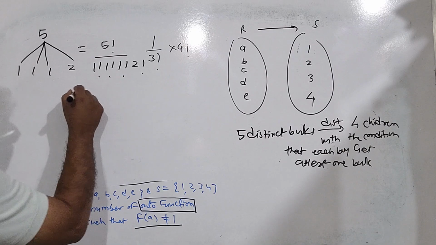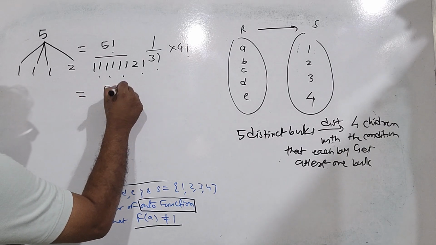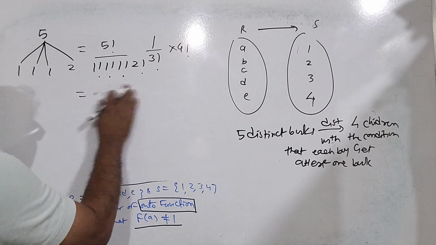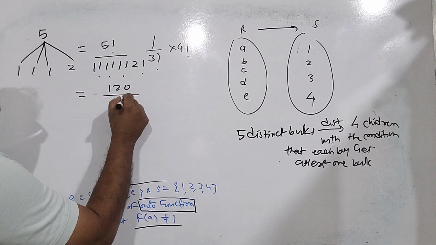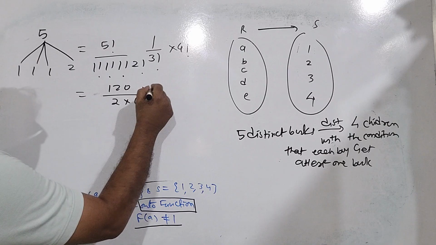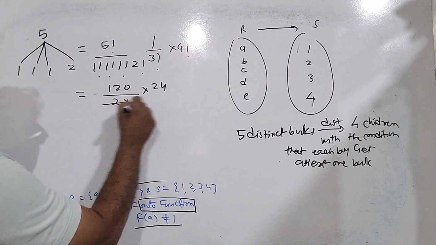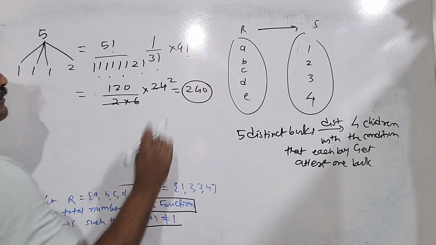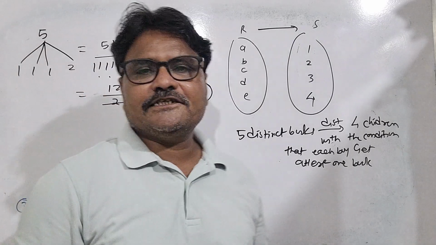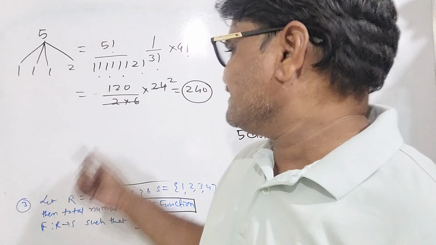So what is the answer? 5 into 4 into 3, 5 factorial means 120, 2 factorial means 2, 3 factorial means 6, and 4 factorial means 24. That is 240.